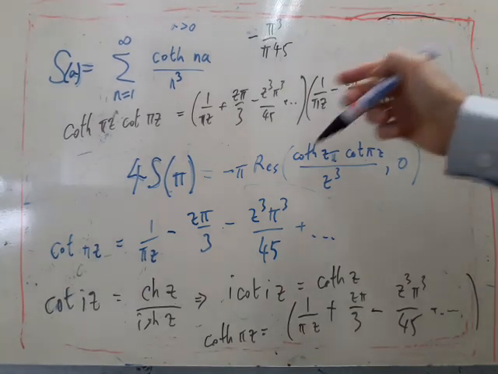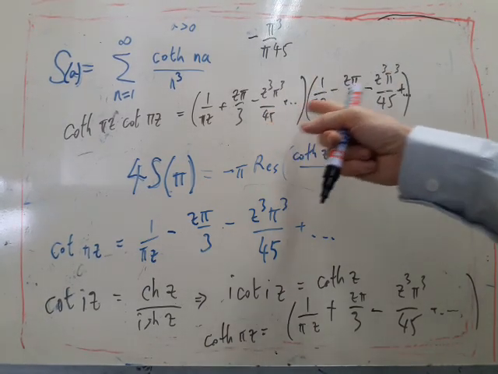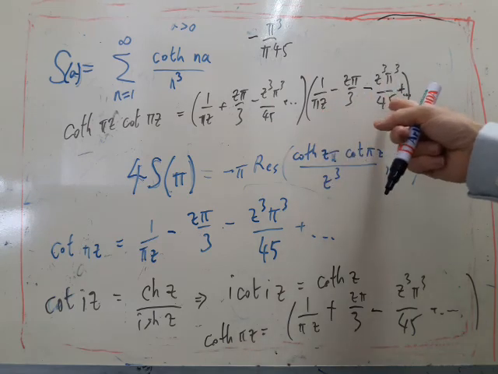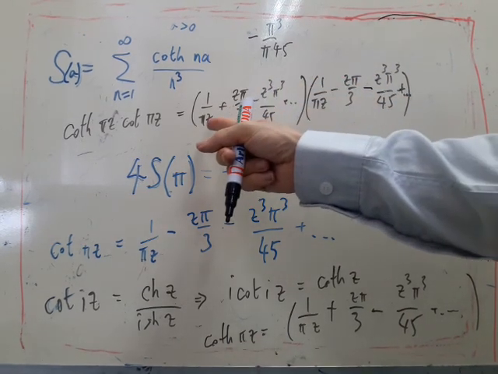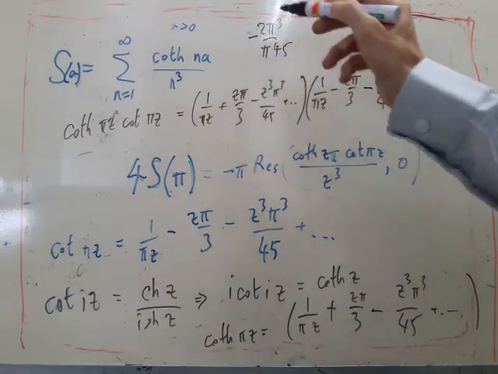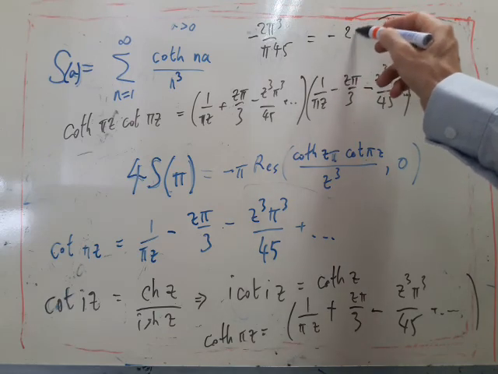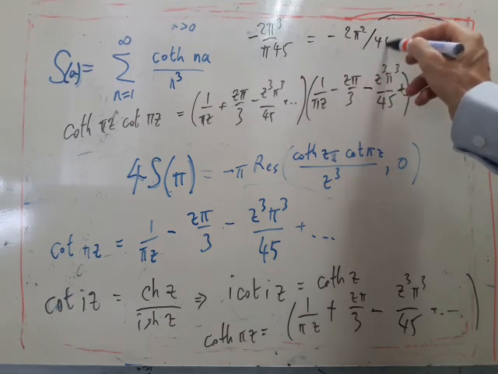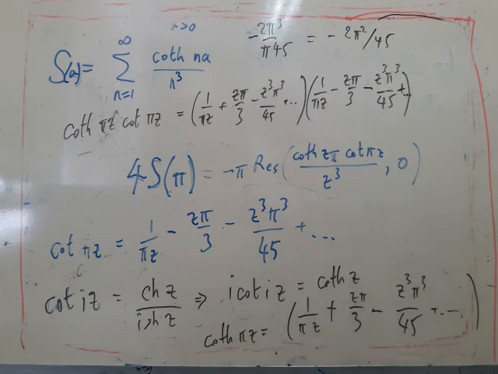So we end up with two of those. We get one from doing this times this and one from doing this times this. So that gives us a minus 2 pi squared over 45.